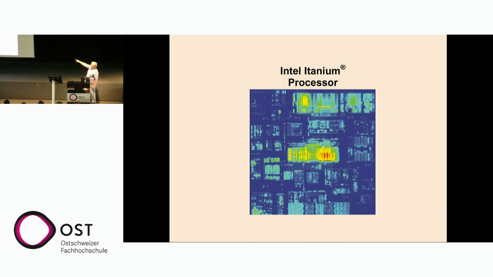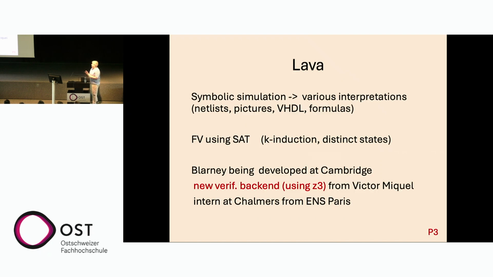The hotspots on this picture are the integer arithmetic and the floating point arithmetic, and the red parts are, I would bet, the prefix networks. So fun things can be done with almost regular structures.